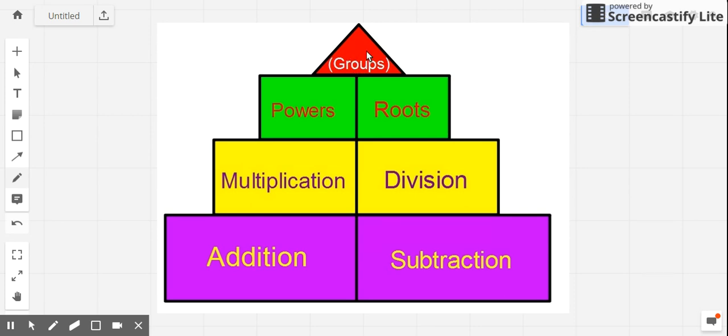She stopped using parentheses and started using the word groups. Before, my Tower of Operations had parentheses up here, because students get confused with the other things I stole from Miss Carter: the vinculum, the big fraction bar that contains hidden parentheses, and a radical that has hidden parentheses.